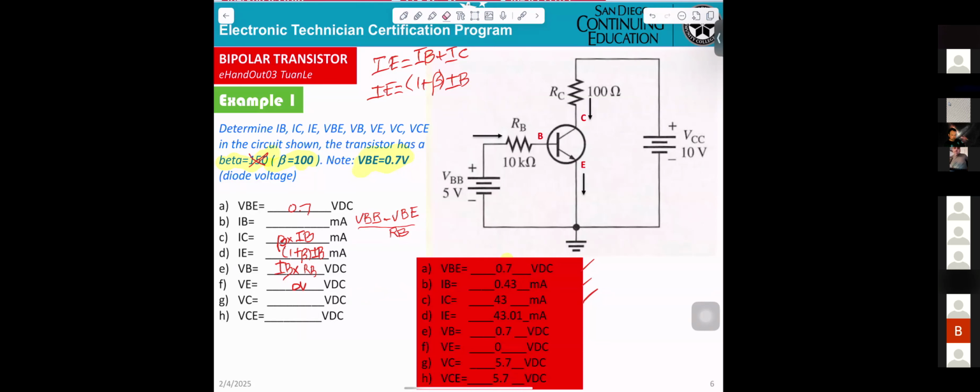Yeah, so then VC is correct like that? VC equal VCC minus... that is the formula to calculate it.